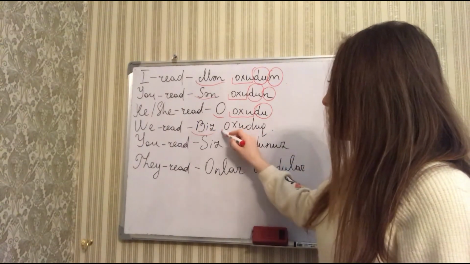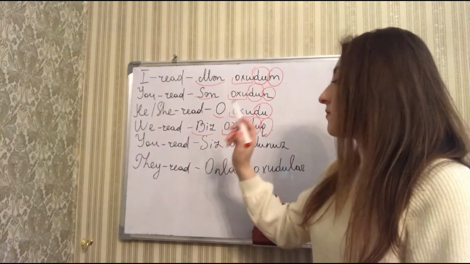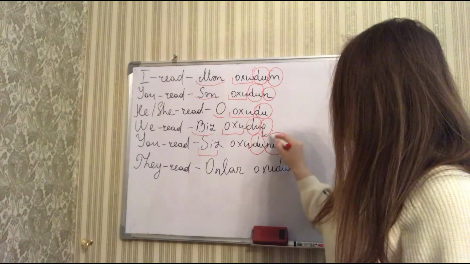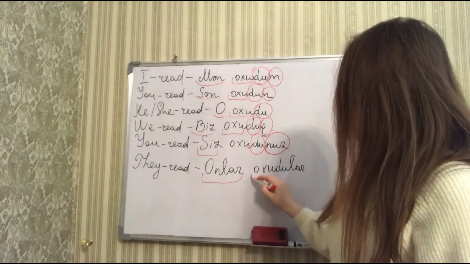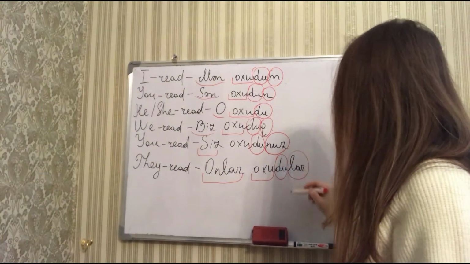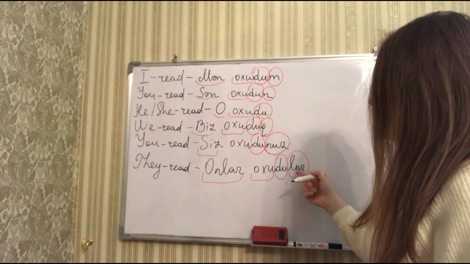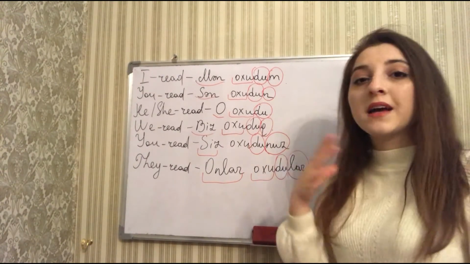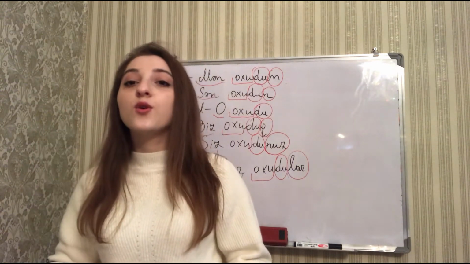We read. Biz okuduk. It is plural form. You read. Siz okudunuz. They read. Onlar okudular. Onlar is plural form. That's why we can add lar, the suffix of plural form. So, ben okudum, sen okudun, o okudu, biz okuduk, siz okudunuz, onlar okudular.